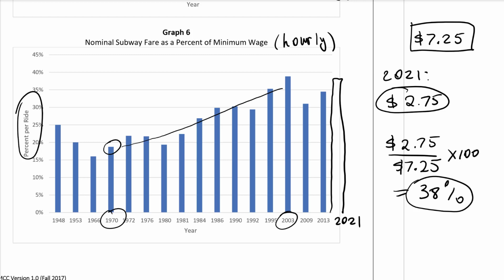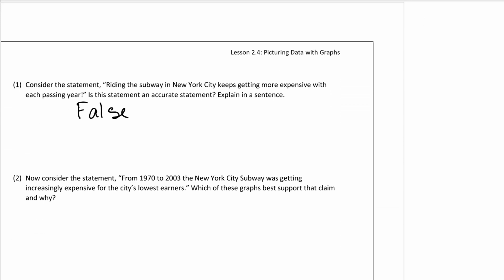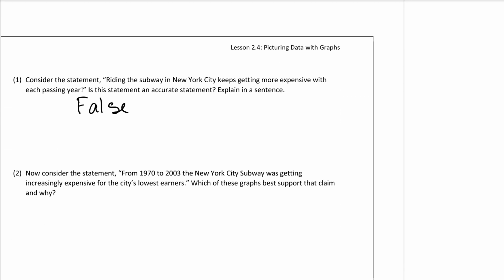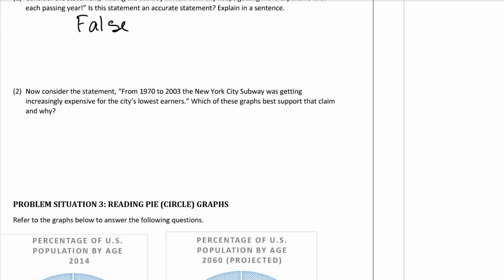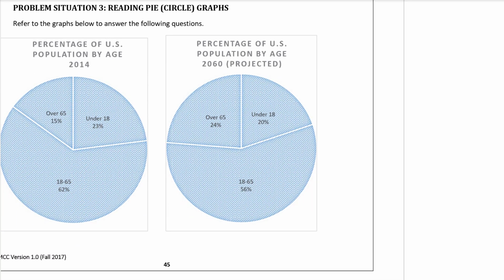So the hour that you work is the cost for you to commute. Not only does it take you maybe 2 hours to commute, you also work an hour just to pay for that. You know what I mean? So in this case, yes, you can argue that the third graph does show that the subway ride became more expensive for people of lower income who work minimum wage.